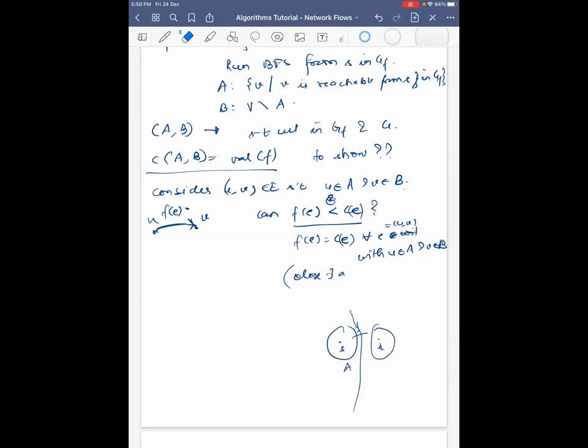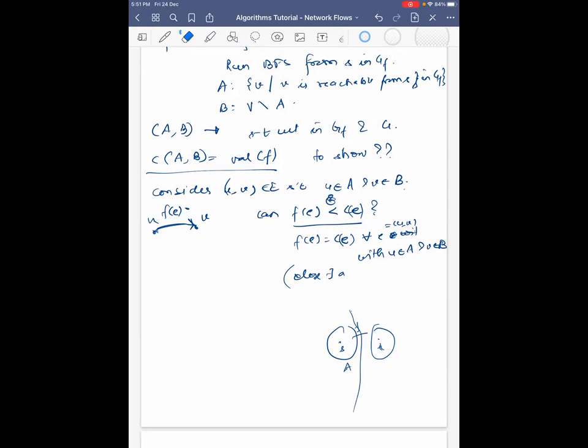But then that does mean that the result we are trying to prove is to say that any edge from the connected component of S to the connected component of T will have flow equal to capacity, right?